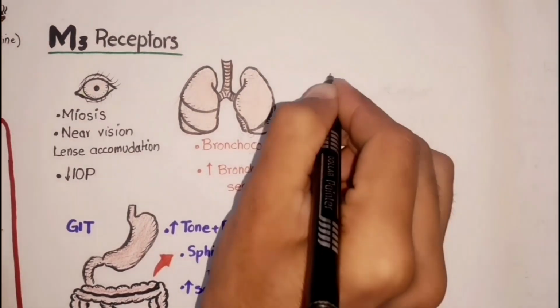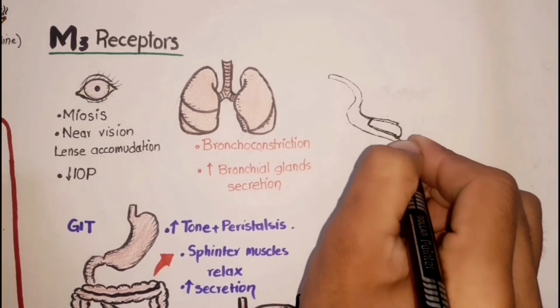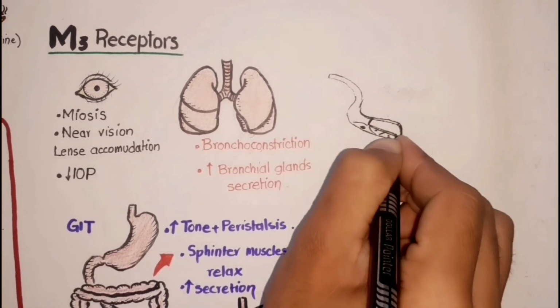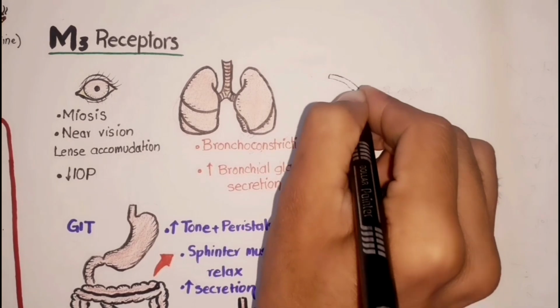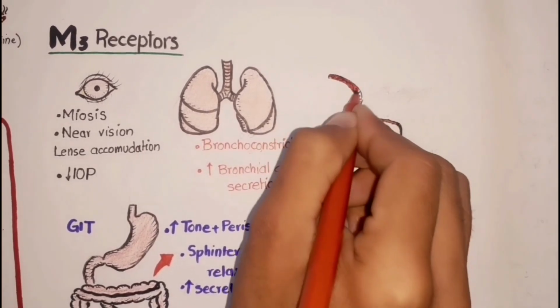In addition to it, the M3 muscarinic receptors are present on vascular endothelial cells. All blood vessels are dilated in response to these receptors' stimulation.